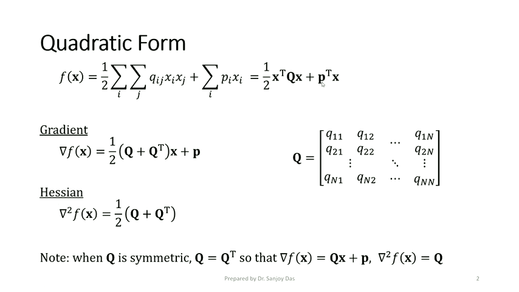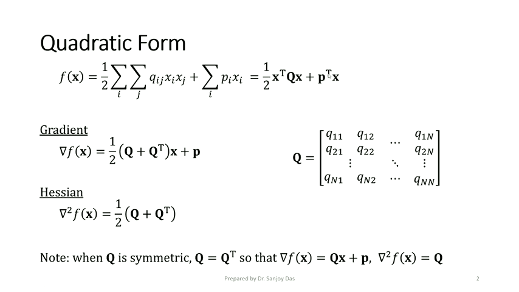The derivative of the second term, p transpose x, is p. Now the second term can also be expressed as x transpose p, right? In that case, the derivative will obviously be the same because it's the same scalar quantity. So x transpose p, the derivative of that would still be p. Derivative of p transpose x, which is the same as x transpose p, would be p.